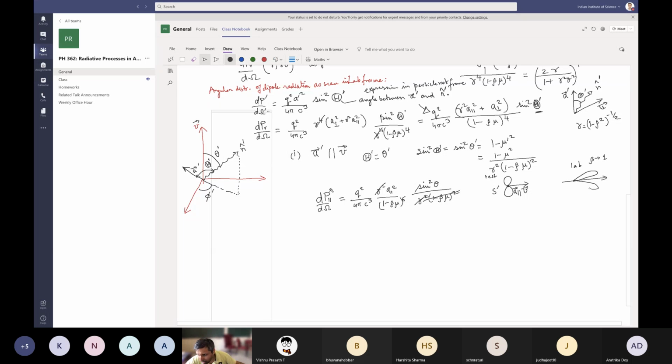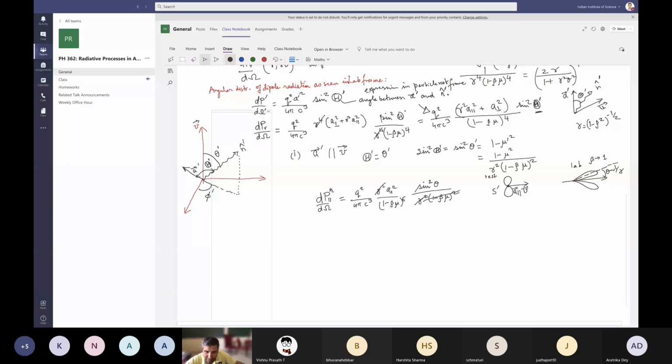And so basically this power which was emitted in this direction, it all gets forward beamed, and it gets forward beamed on an angle in the lab frame of order 1 by gamma. You understand that? It's when theta equal to 0. So this theta is this angle between n hat and velocity.